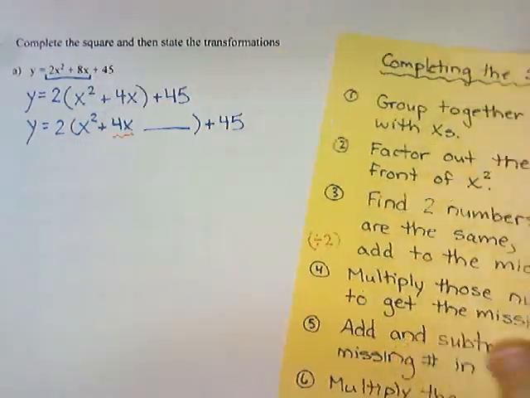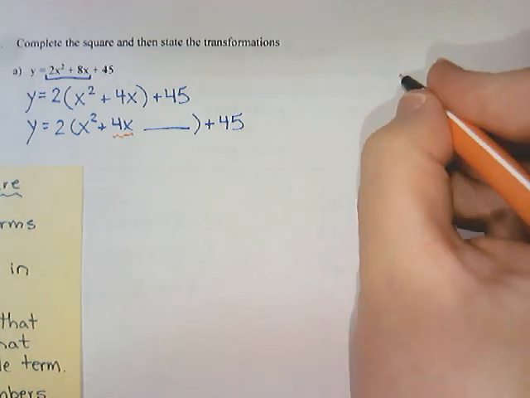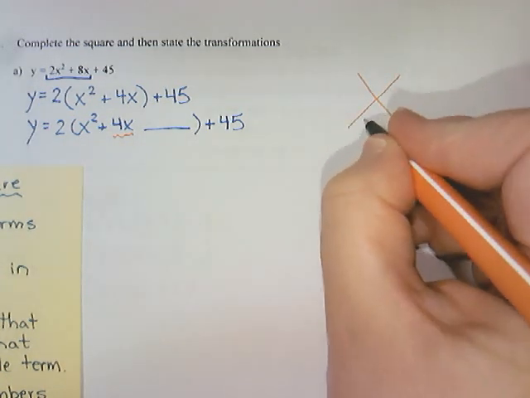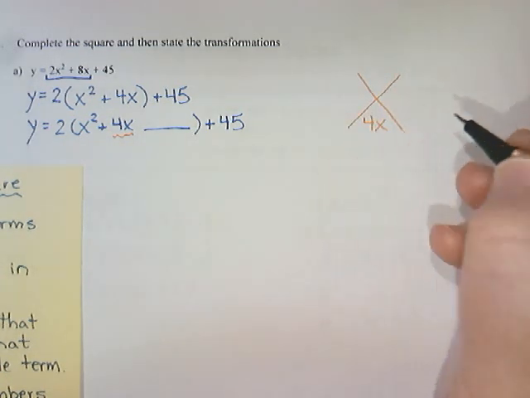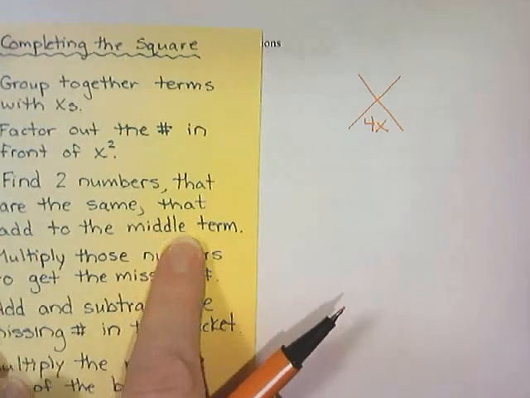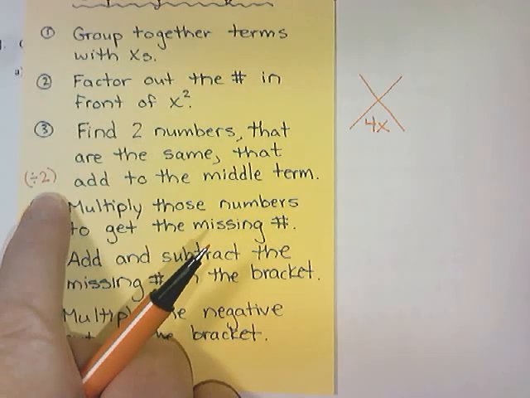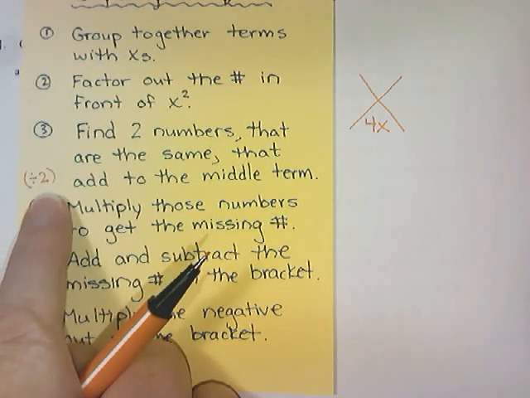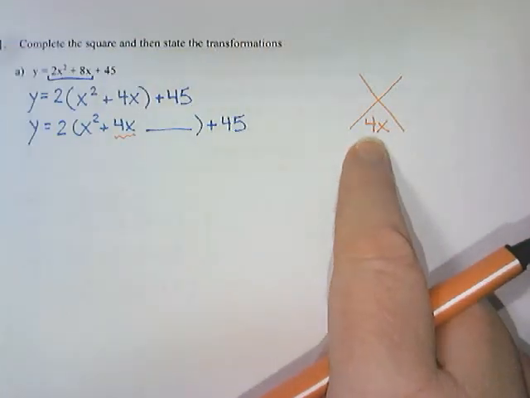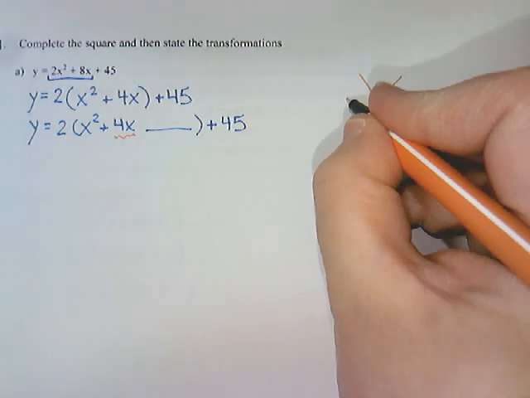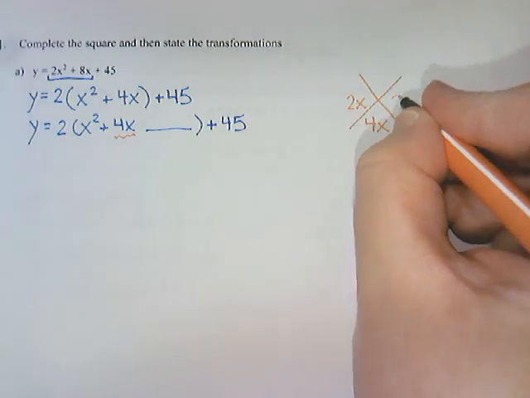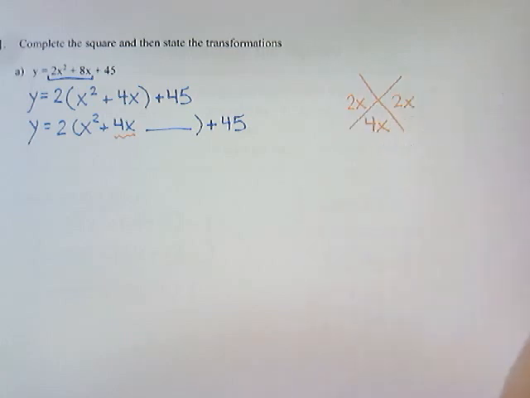And I'm going to go off to the side here and look for two numbers that add to 4x. And it does say they have to be the same. And I did make a little note to myself that dividing by 2 is a good shortcut for finding those numbers. So 4 divided by 2 is 2. So 2x plus 2x would equal 4x, and they're the same.